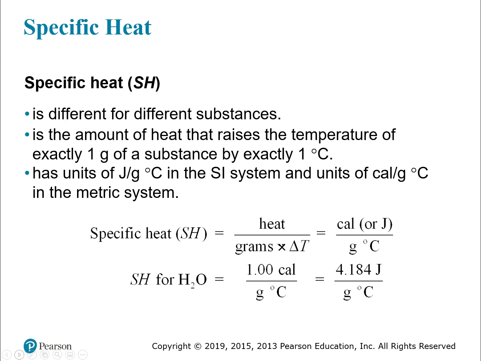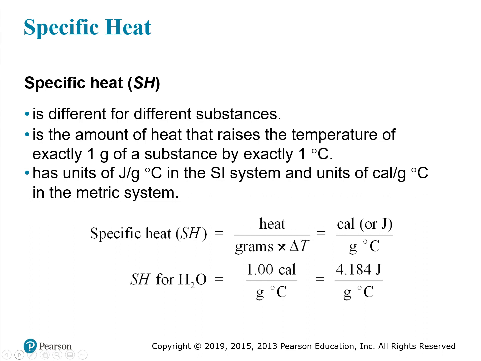Specific heat is different for different substances. So water has a specific heat of 4.184 joules per gram degree Celsius. Metals have different specific heats. So that is something that is a property of each substance.